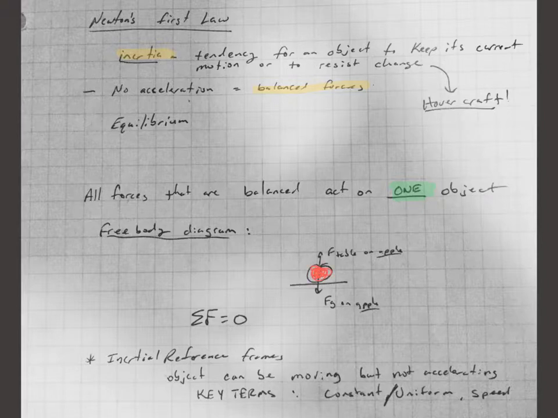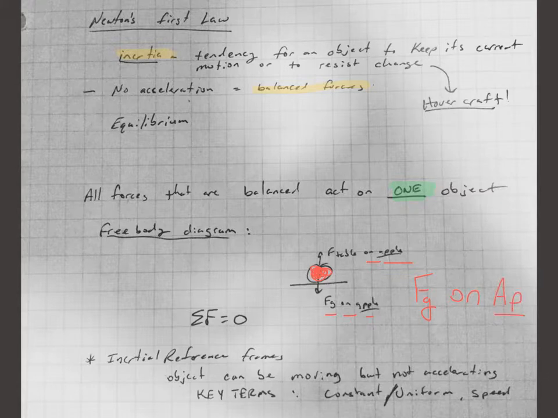So we have our forces, the forces that are acting on the apple, and that's what's important. Notice that as I have these labels, if you can see them, it says the force of what object it's interacting with. So the obvious one is that gravity is pulling on the apple, and that's pulling it down. So it's the force of gravity on the apple.